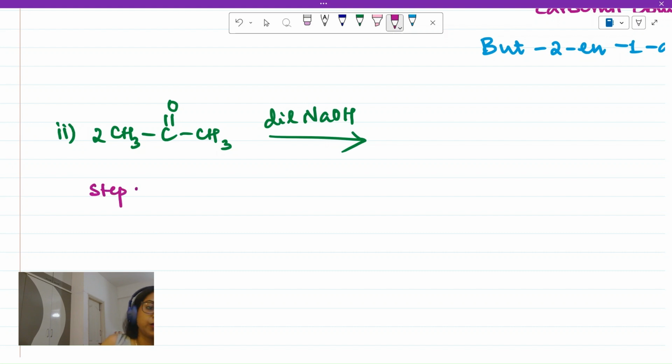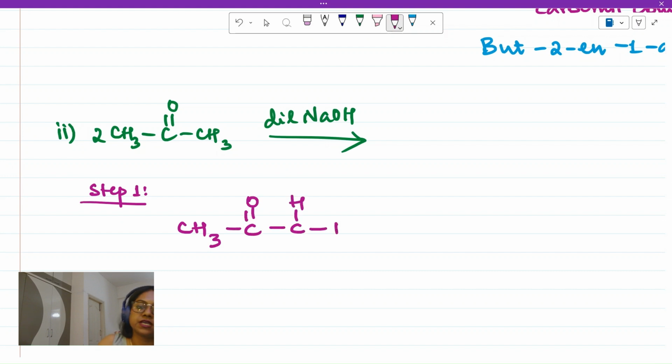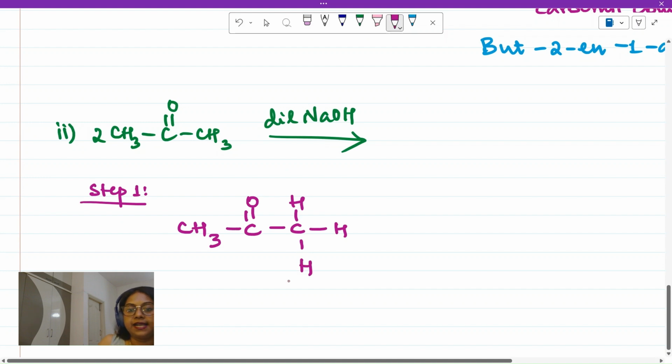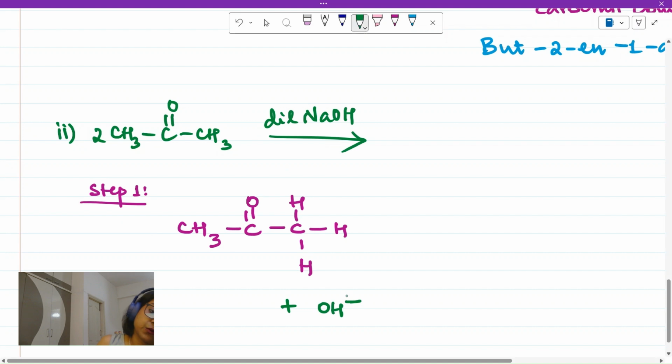Yes. So what we will do is, again, I'll just quickly do this mechanism: CH3, C double bond O, and this C has 3 hydrogens. I'm opening them up for an easier mechanistic process. Now this and OH minus from the dilute NaOH. This is our base. What does our base do? Our base extracts this hydrogen, alpha hydrogen. The bond between hydrogen and carbon goes to carbon.